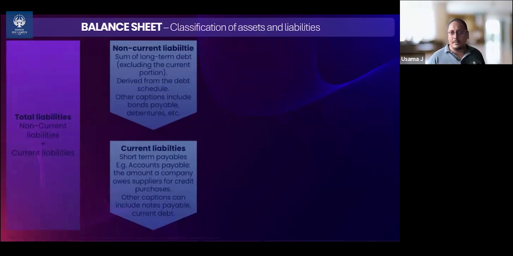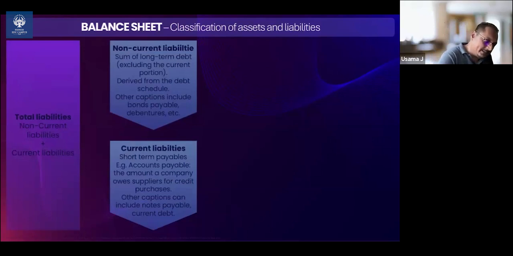Borrowings in the form of bonds payable or debentures payable, etc., all loans essentially, which are going to span over more than a 1 year period. Current liabilities, on the other hand, is the short-term component of the borrowings. It's the short-term creditors, for example. These all fall within one operating cycle, right?